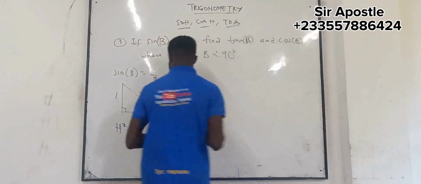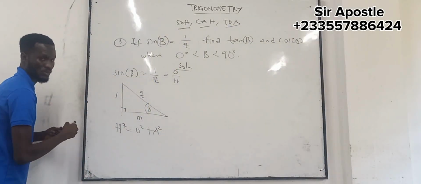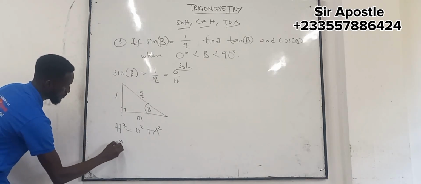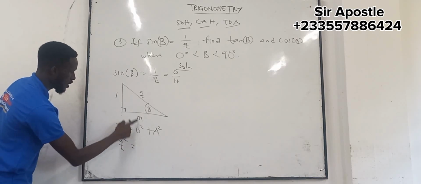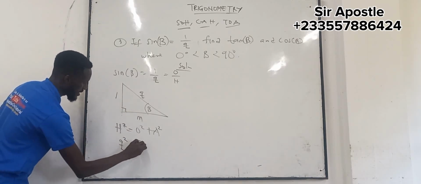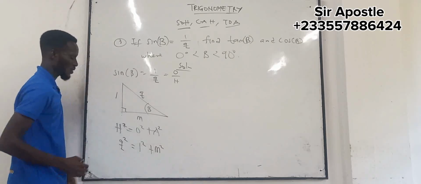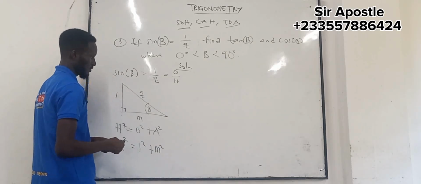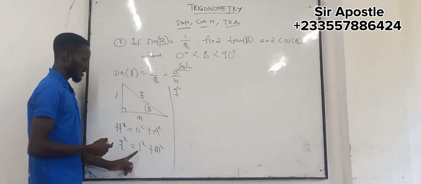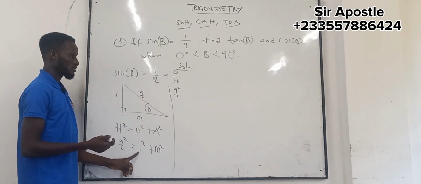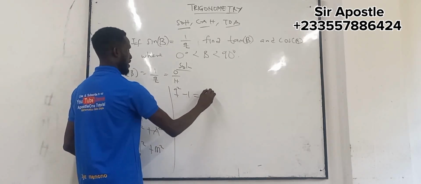The hypotenuse is Q, so we have Q squared. The opposite is 1, so we have 1 squared. Adjacent is what we are looking for, M squared. So we have Q squared minus 1 is equal to M squared.